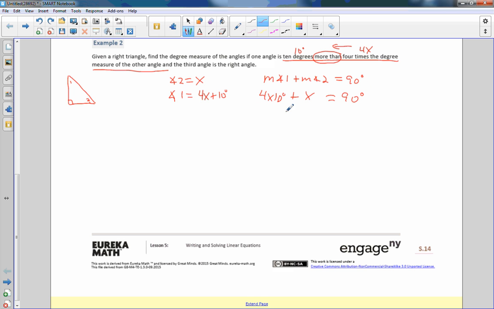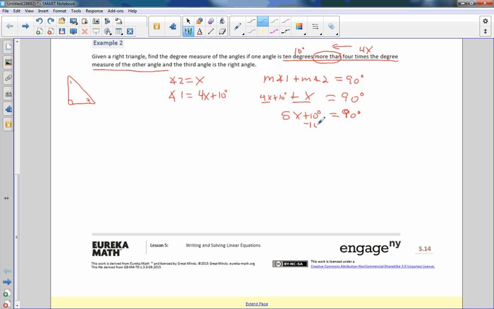4x plus x is 5x plus 10 equals 90 degrees. Okay, I thought that looked funny. Let's just fix this. I forgot my plus sign. 4x plus 10 degrees. So 4x plus x is 5x, plus 10 equals 90.